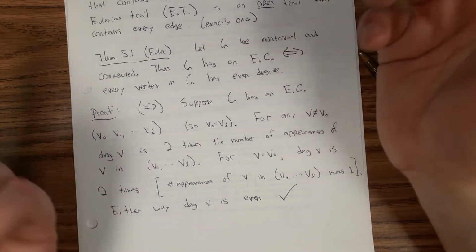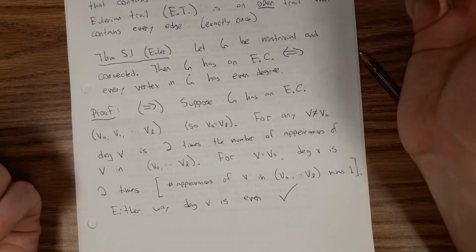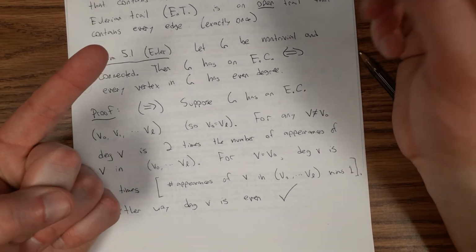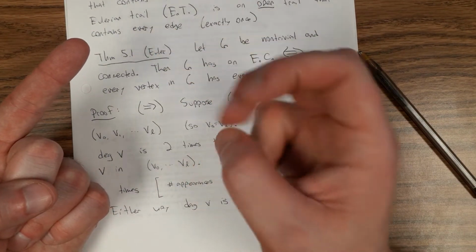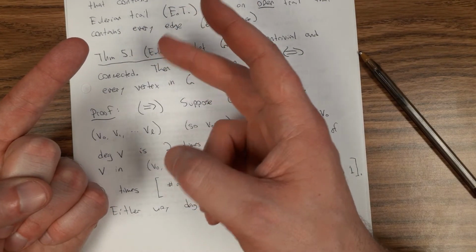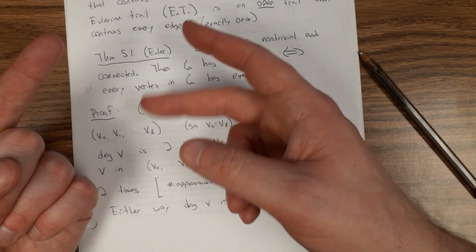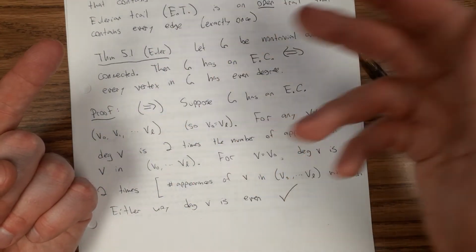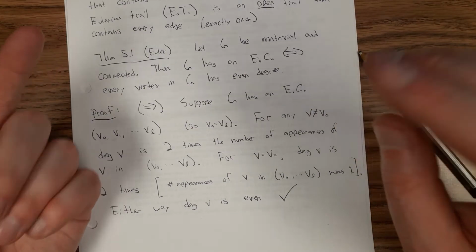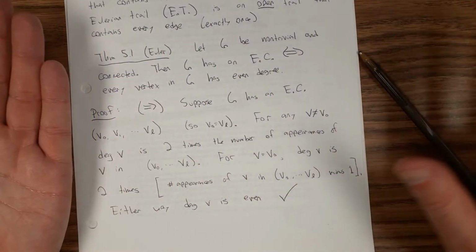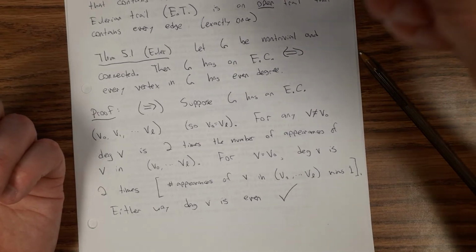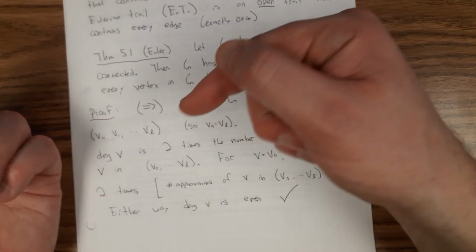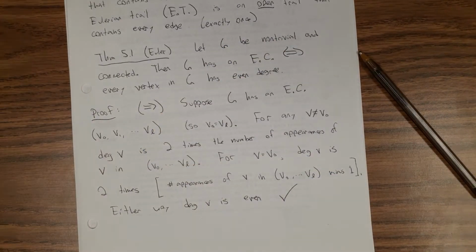So if I'm counting the edges touching that vertex, I've got the 1 that I used to leave, and then 2 more for the first time I come back for a visit, and then 2 more for the second time I come back for a visit. And so I'm going to have a bunch of 2s. So I've got 1 plus 2 plus 2 plus 2, and this is all going to be an odd number. And then I come back, and that last edge makes it an even number of edges again.